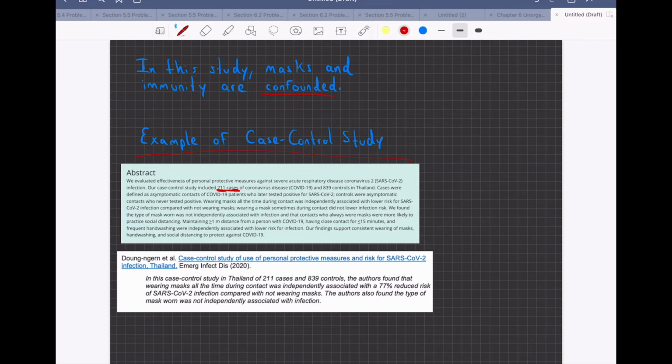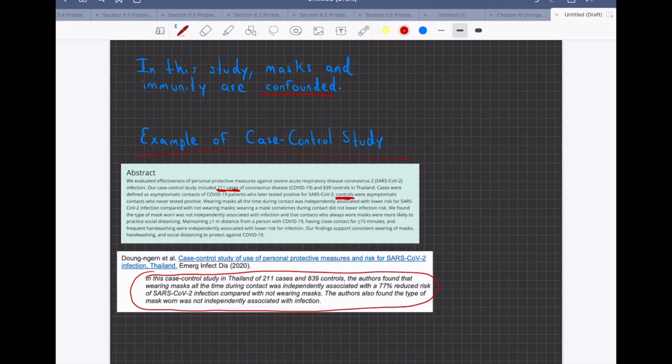Cases were defined as asymptomatic contacts of COVID-19 patients who later tested positive for SARS-CoV-2. And here, in any case control study, we have something called cases, and the other one is the control, something with which we are going to compare. Controls were asymptomatic contacts who never tested positive. Wearing masks all the time during contact was independently associated with a lower risk of SARS-CoV-2. And here we can see the conclusions for this study.